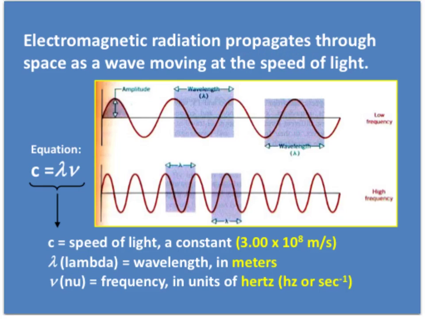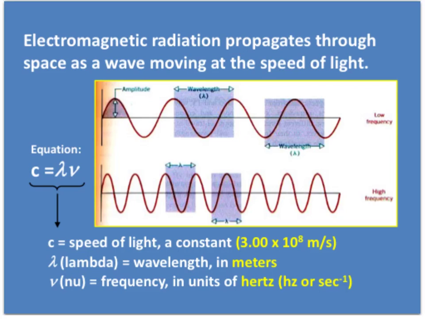You may have never seen this word before. But if we look at the context in which the word is used, electromagnetic radiation propagates through space as a wave moving at the speed of light. So if we think of propagates, think of movement. So it moves, it travels through space as a wave moving at the speed of light.